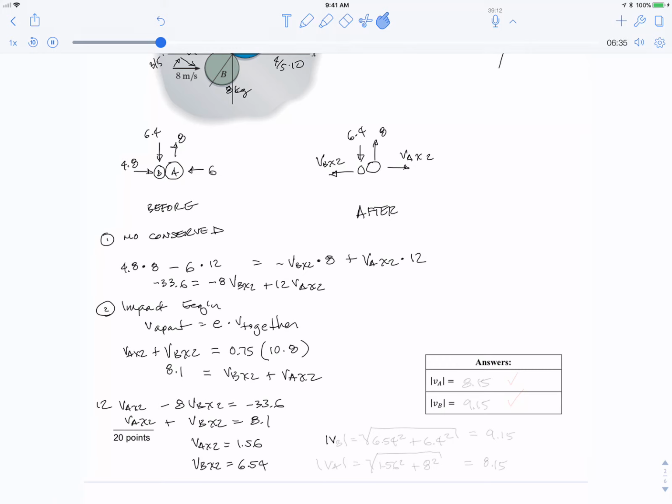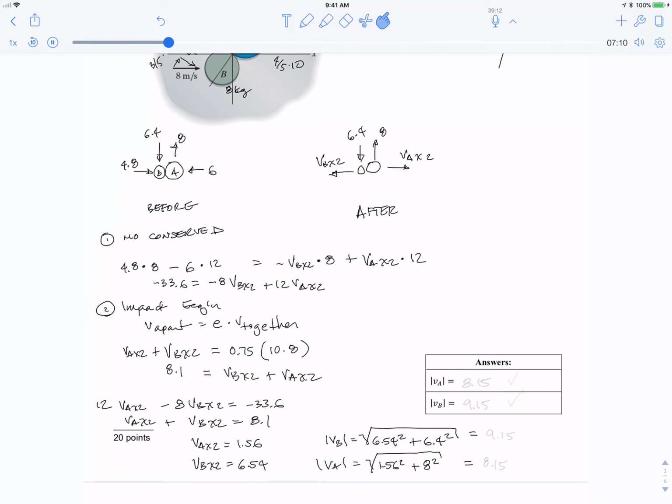Now all that's left is to get the total velocity. For B, by Pythagoras' theorem, it's the square root of 6.54 squared plus B's y velocity of 6.4 squared. Then VA is the square root of 1.56 squared plus 8 squared. Let me calculate those.